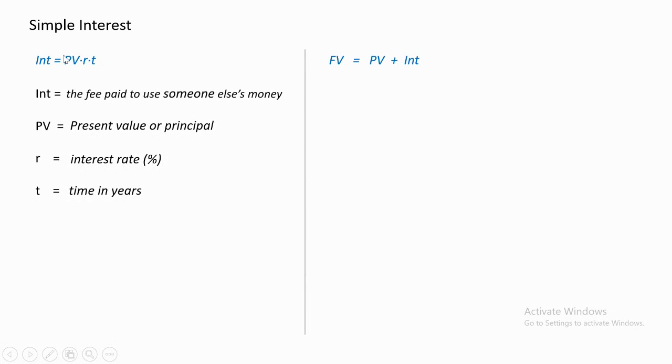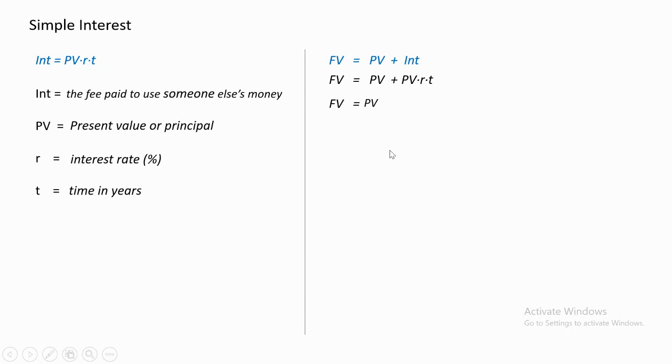Now, there's another formula, which is AV equals PV plus INT. This formula derives from the interest formula, PV times R times T. On the right side, I'm going to factor out the PV, the present value.